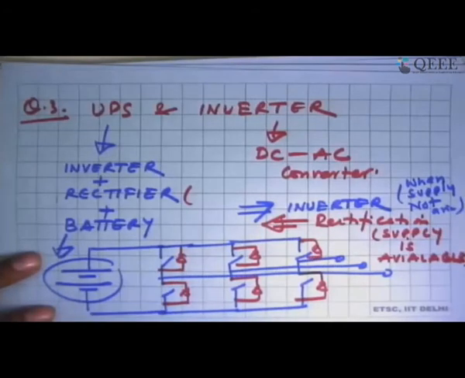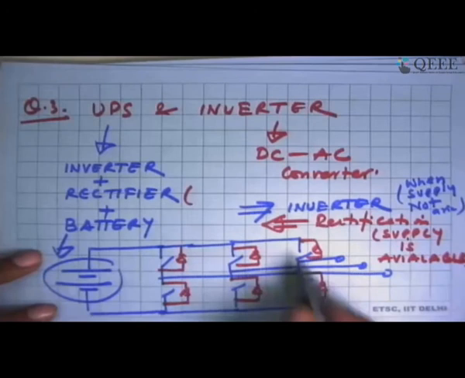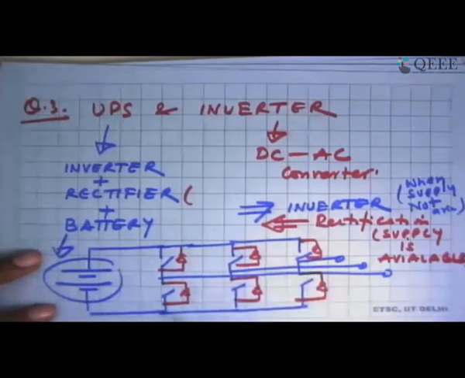But let's say the supply is available now, so we don't need the UPS to function. Rather, we will use the supply and this rectification to charge the battery. So the switches will be out of the picture in rectification mode, and everything will be in play for inverter mode.